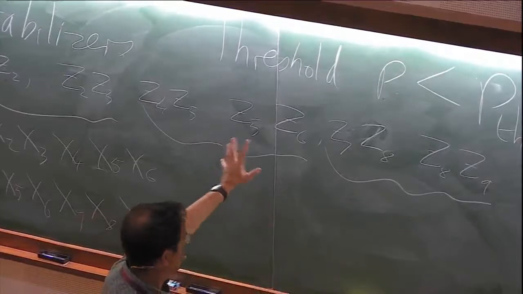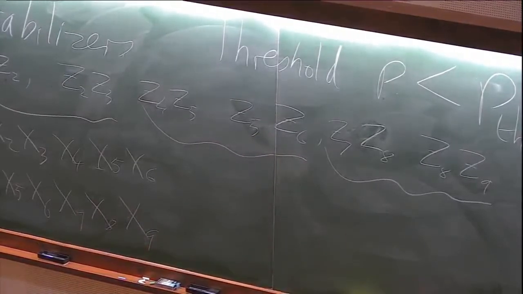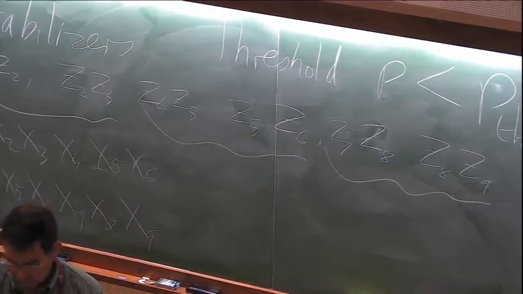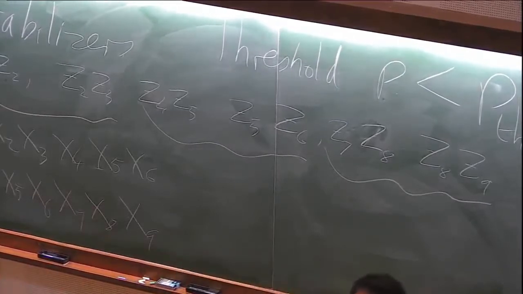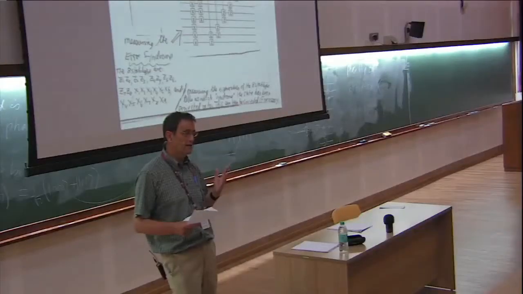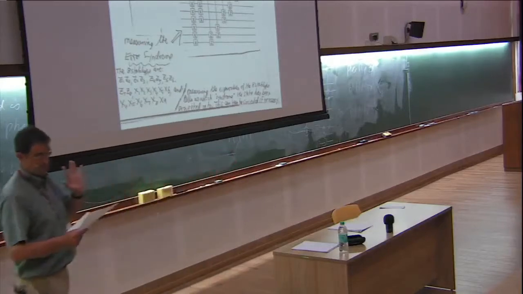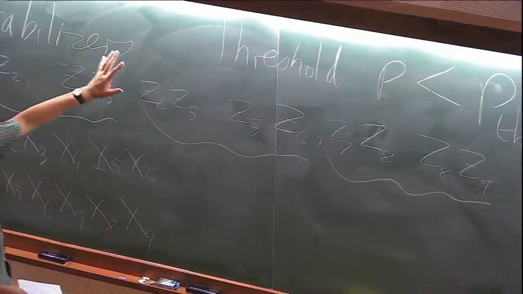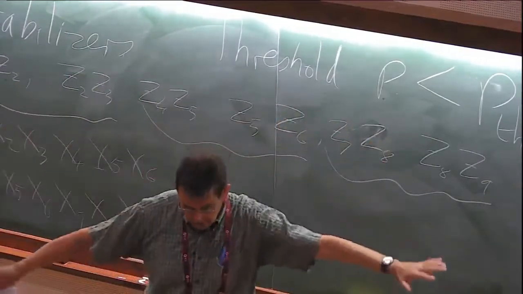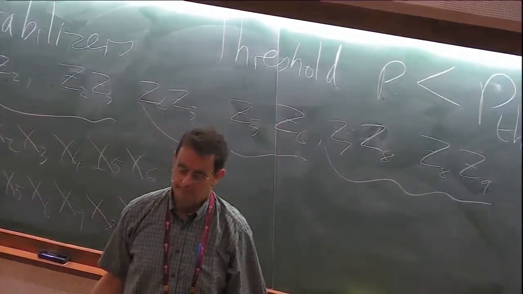Now, this gets pretty technical. From what I read, for this quite favored 7-bit Steane code that I didn't describe in detail, the threshold is something like 10 to the minus 4 or 10 to the minus 5. This is pretty stringent. I don't think one can do that at the moment. But if you can have an intrinsic error rate less than the threshold, then you can do error correction to reduce the error rate below that.